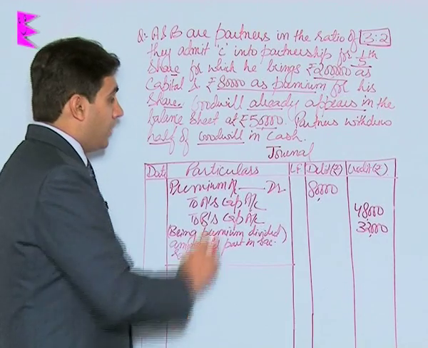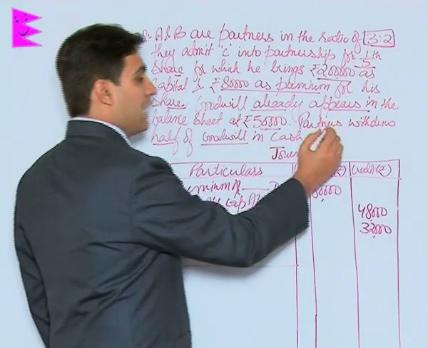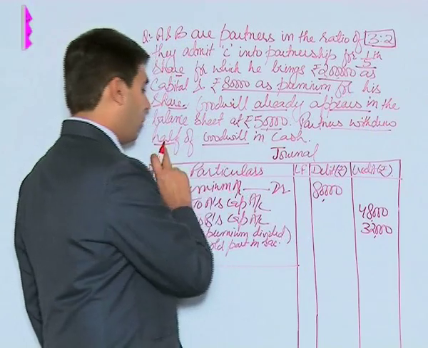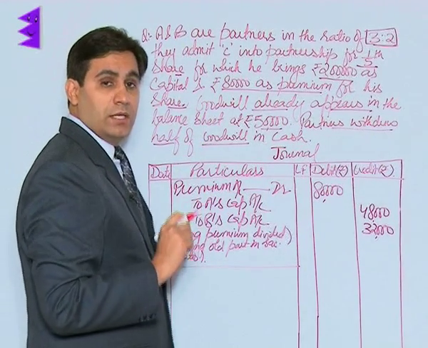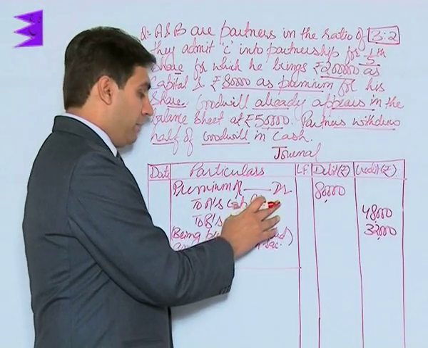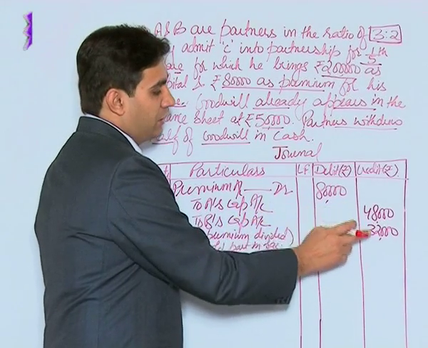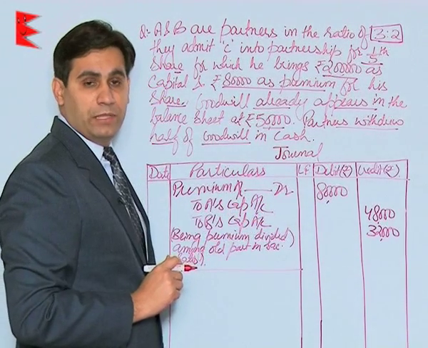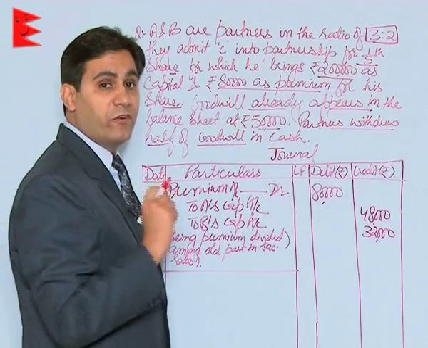Now students, again coming to the last line in this question, the partners withdrew half of the goodwill in cash. That means A and B, who have got 48,000 and 32,000 on account of premium, have withdrawn half of this amount.